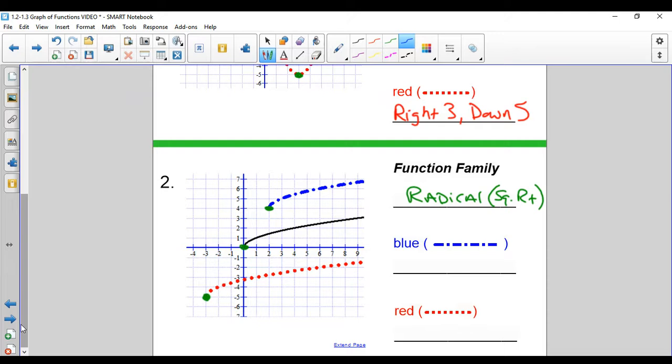So the blue one went up 4 and right 2. Transformations can be told to me in any order you want. Like in this one, I want left 3 and down 5. So we can switch up the order a little bit between the left, right, up, and down. So it's up to you. Whatever you see first. And there's our answers there.